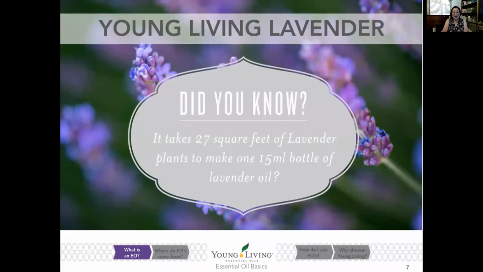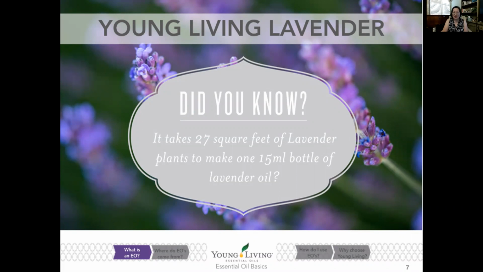Did you know that it takes 27 square feet of lavender plants to make only one 15 milliliter bottle of lavender oil? That's pretty concentrated. It's basically 75 lemons that are used to make one 15 milliliter bottle of lemon essential oil.